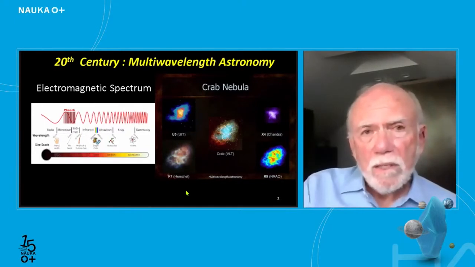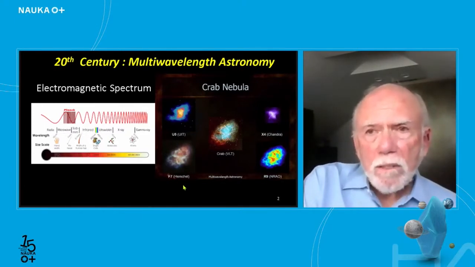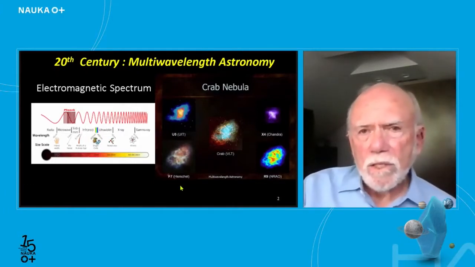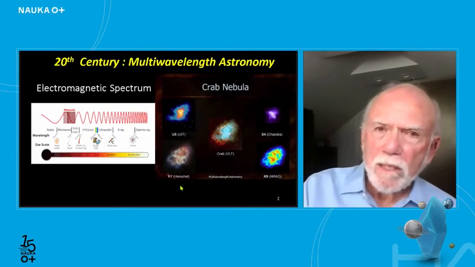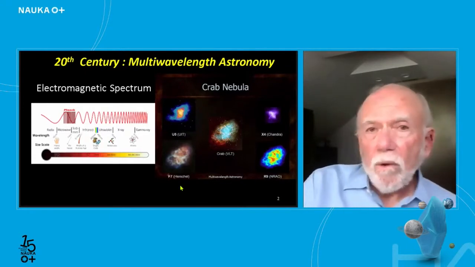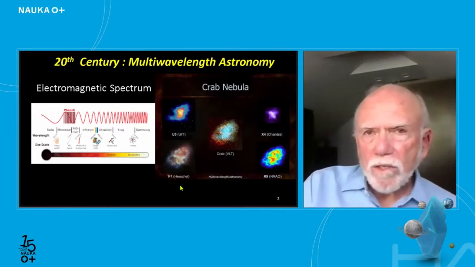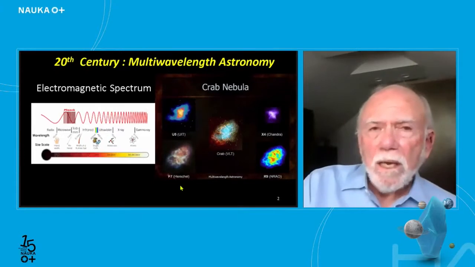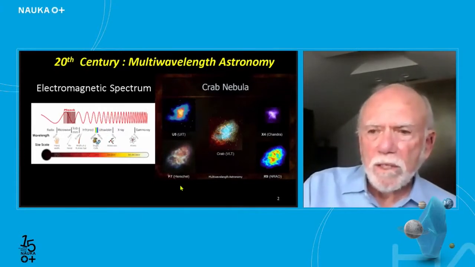So what we've done in astronomy is be able to actually study by seeing the phenomena that create light in different wavelengths, what we call multi-wavelength astronomy. And I would characterize that, instrumentally at least, as the big advance of the 20th century.